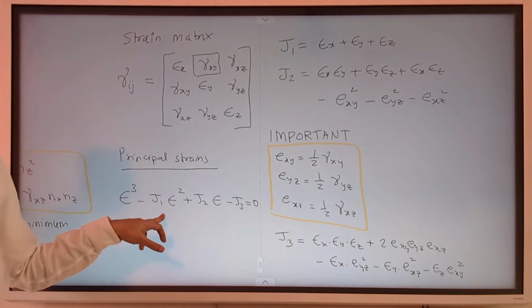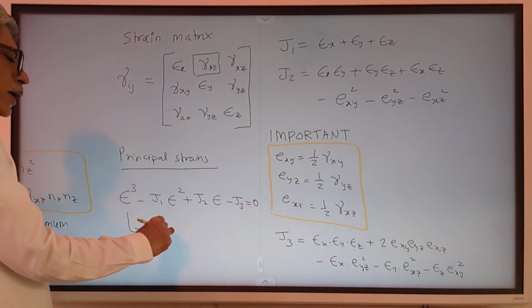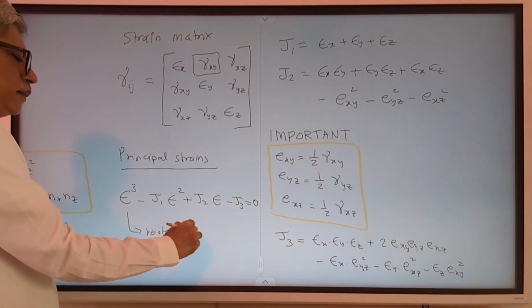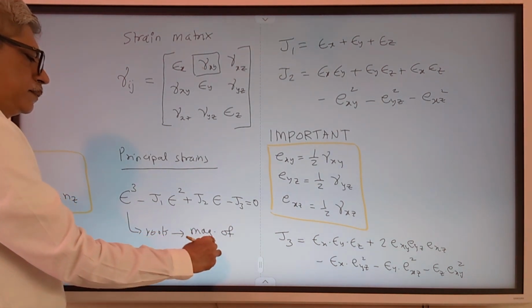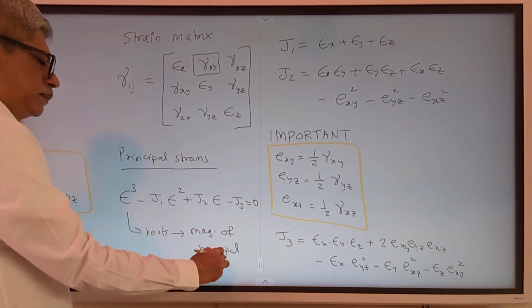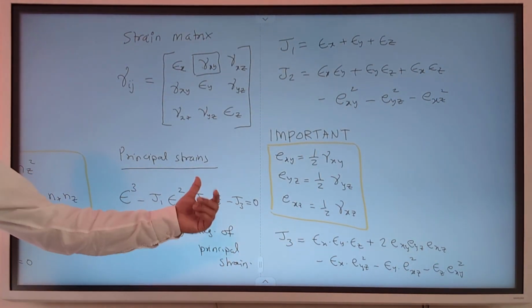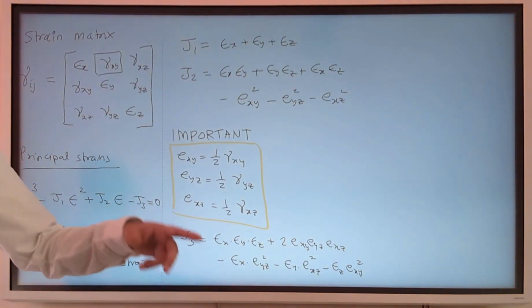Once you get this, you have to find the roots of this particular equation, and those are the magnitudes of the principal strain. In order to get the direction of the principal strain, we have to use a similar approach.